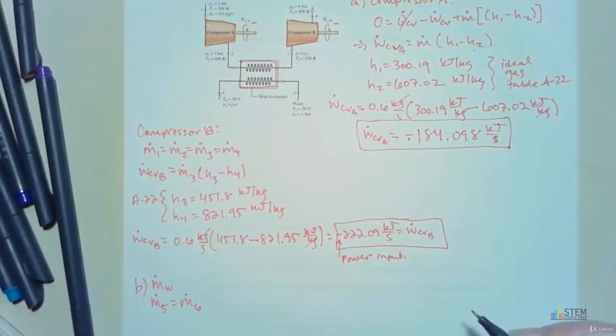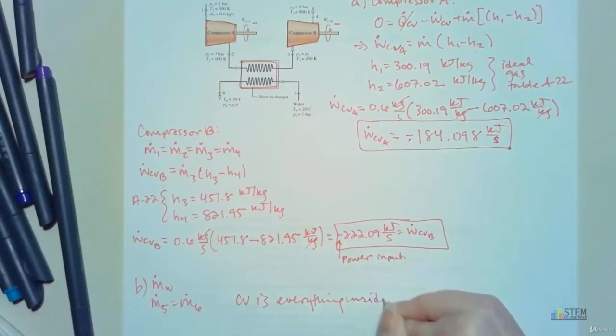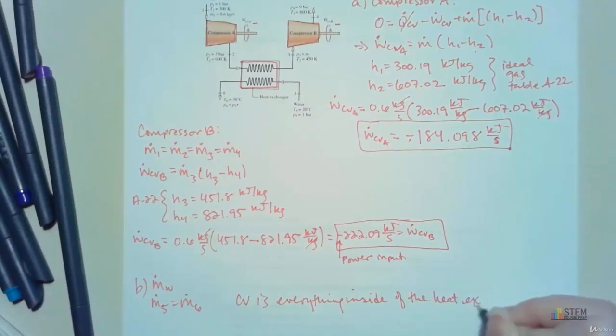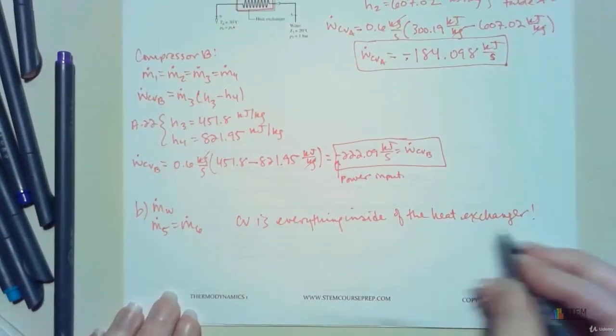So everything inside of the heat exchanger. And let's make a note about that. So CV is everything inside of the heat exchanger.